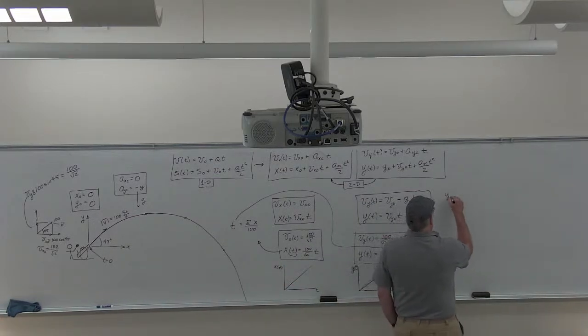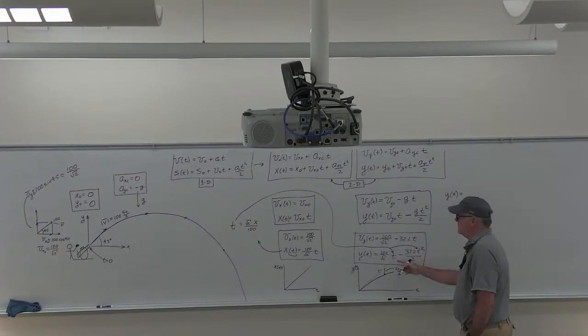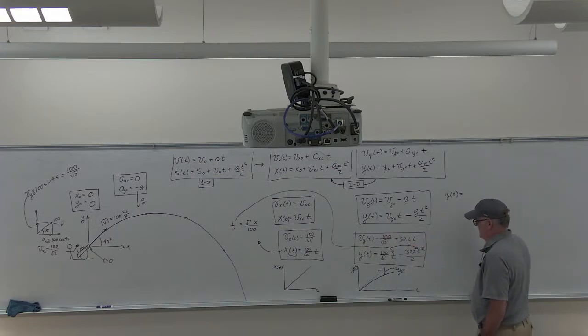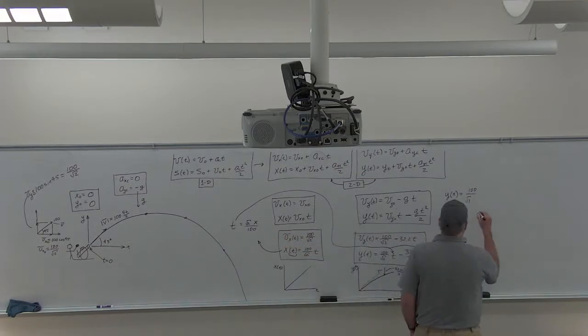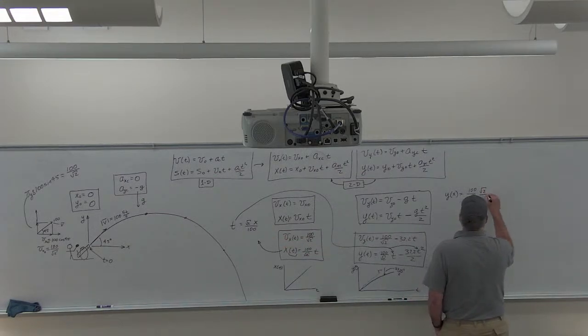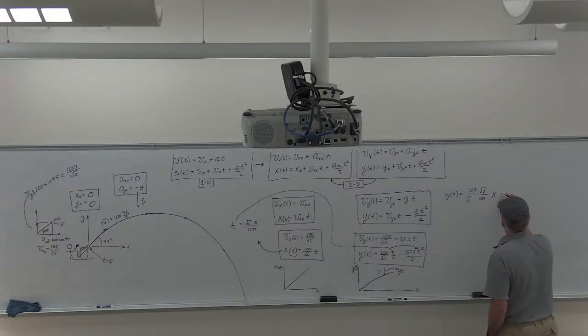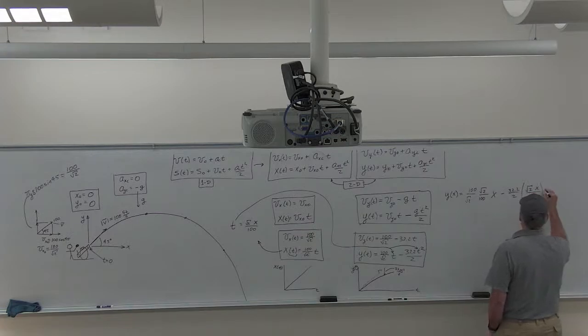If I do that, y is now a function of x because I removed the t. So it's 100 over square root of 2 times x, minus 32.2 over 2 times square root of 2 x over 100, squared.